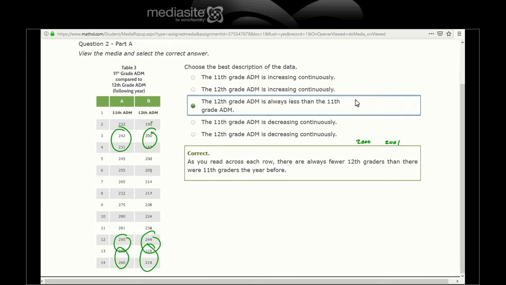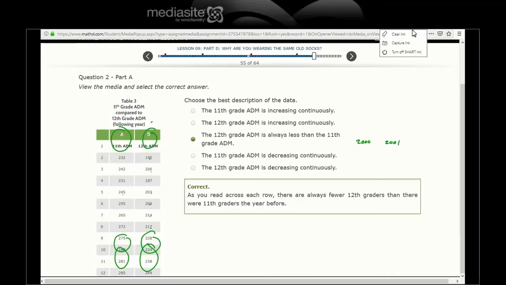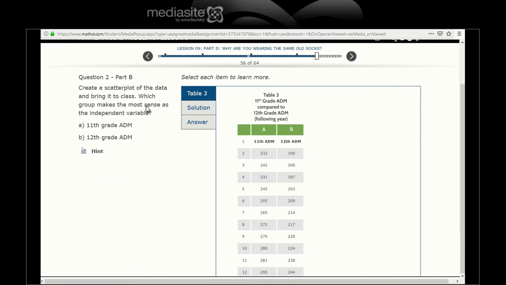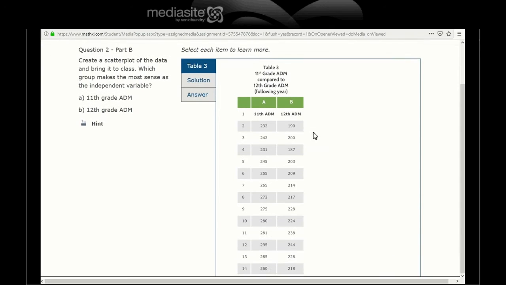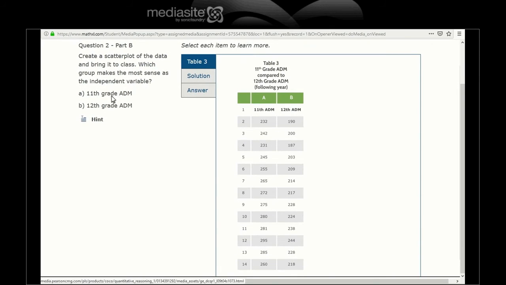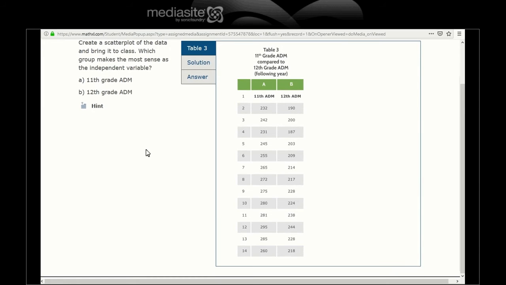All right. Create a scatter plot of the data. Which group makes the most sense as the independent variable, 11th grade ADM or 12th grade ADM? Again, which one is being explained?